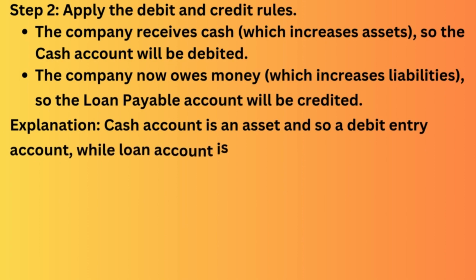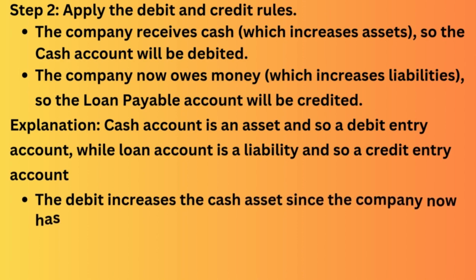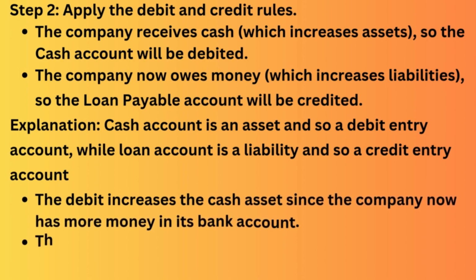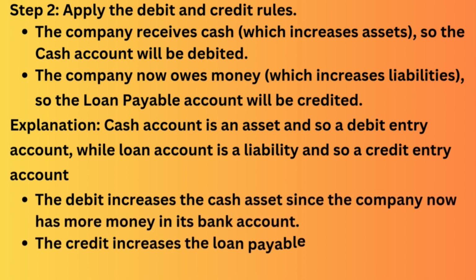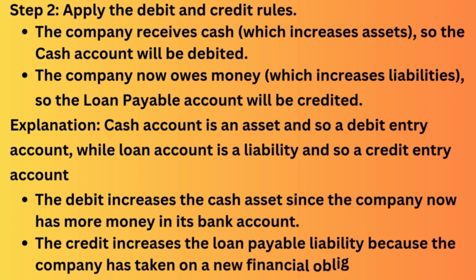The second leg is the company now owes money because of the loan. And so the loan account is also increasing. And we know that when a loan account increases, liabilities are increasing. And we know that liability is a credit balance account. And so that loan account will be credited because the point of entry in a credit entry account is on the credit side.